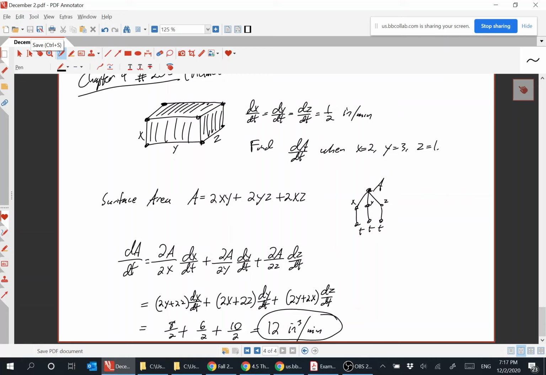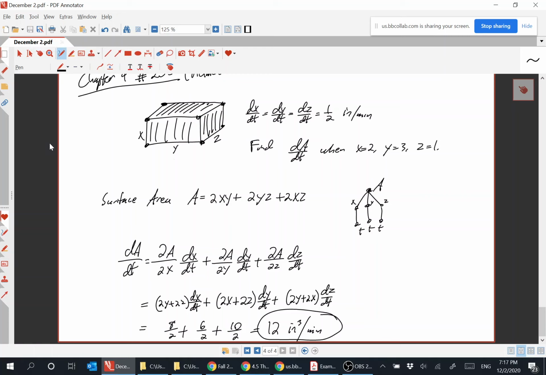But then again, you've got too many variables anyway. So it just doesn't work out as nicely from the Calc 1 perspective. It's much more limited. Here we've definitely got a nice, robust, widely applicable framework.